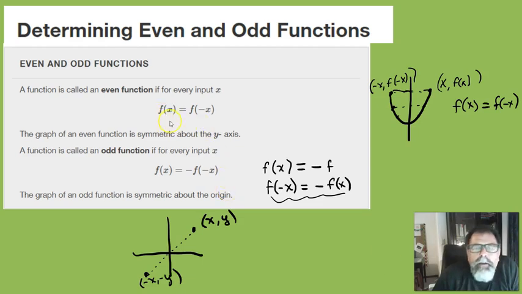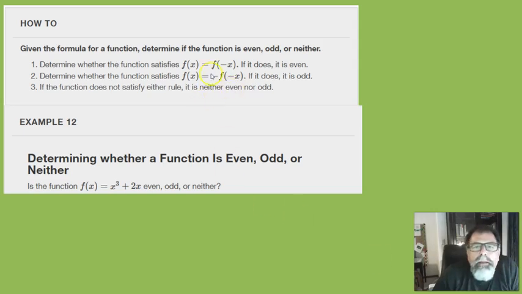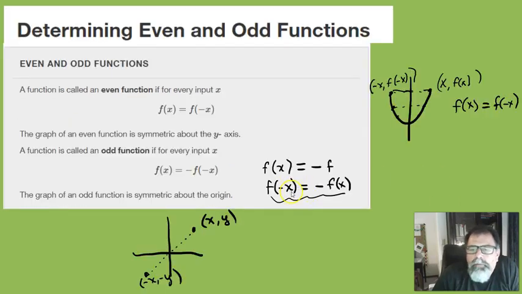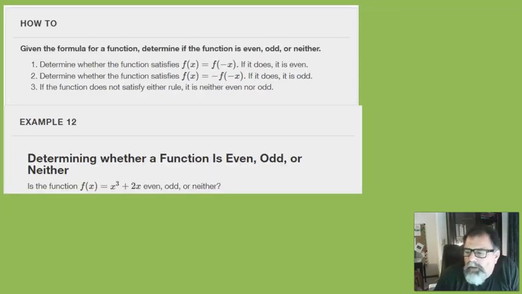You're going to plug in negative x and see whether it gives you f of x, or, this is why I like the way I defined it, whether you get negative f of x. This is the way they define it. All right, so let's try it.